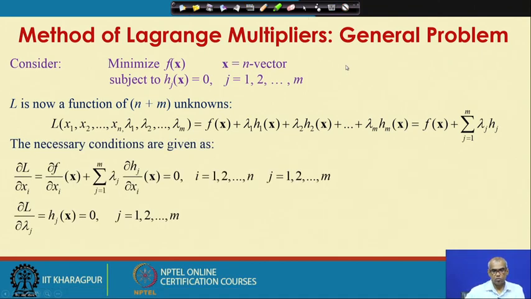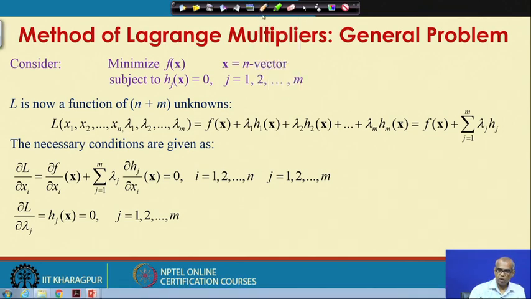You can also write down the necessary conditions compactly as del L del xi equal to del f del xi plus sigma j equal to 1 to m lambda j del h j del xi, where i goes from 1 to n, j goes from 1 to m.